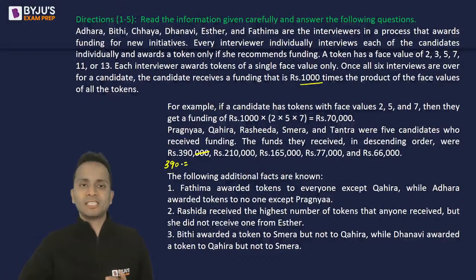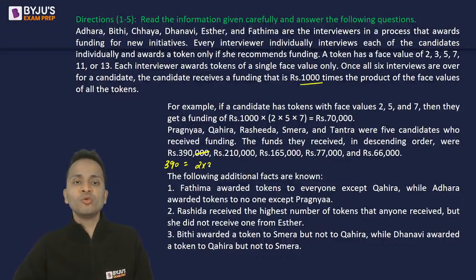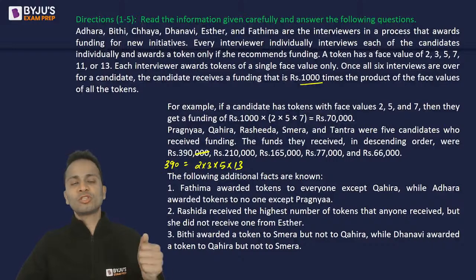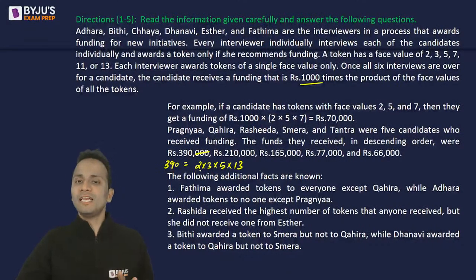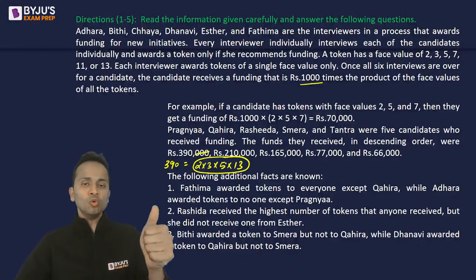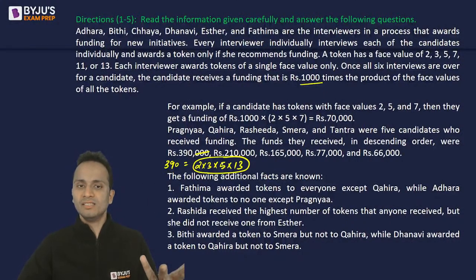by this candidate. Now if I factorize 390, then 390 can be written as 2 into 3 into 5 into 13. 13 into 3 is 39, 2 into 5 is 10, so 39 into 10 is 390. So whosoever has received a funding of 3,90,000 has received these four tokens: 2, 3, 5 and 13.